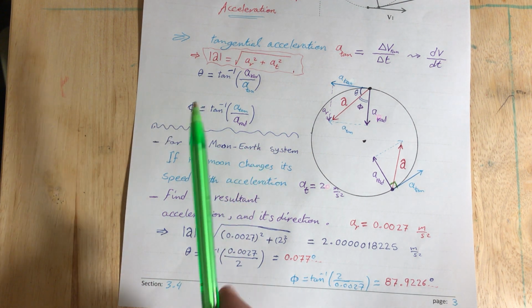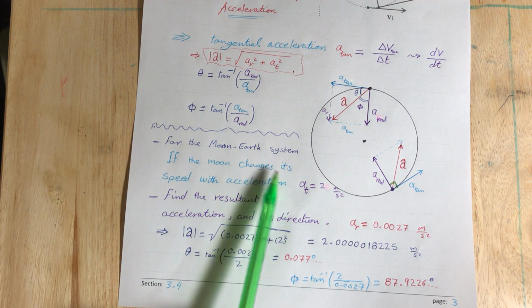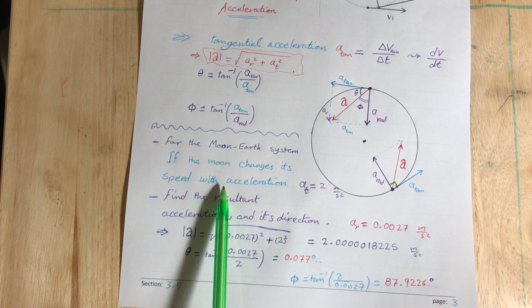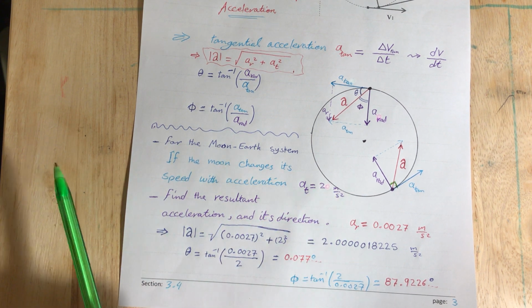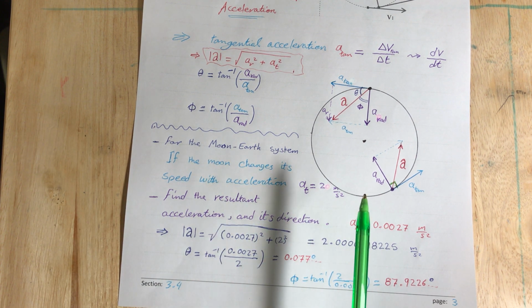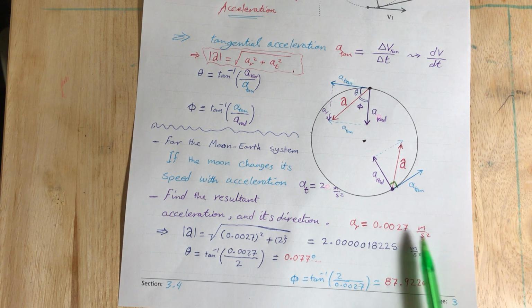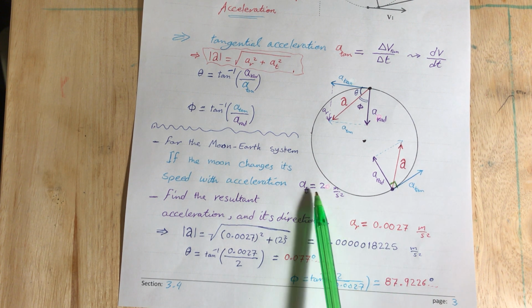In our first example, which is the Moon Earth system, if the moon changes its speed with acceleration 2 meters per second squared, just the moon be faster, and that happens. It's natural. Find the resultant acceleration and its direction. We found from before that the A radial is approximately 0.0027 meter per square second, and this is the A tangential.